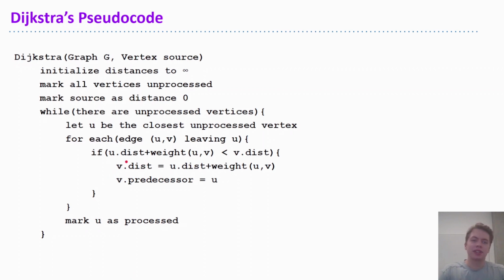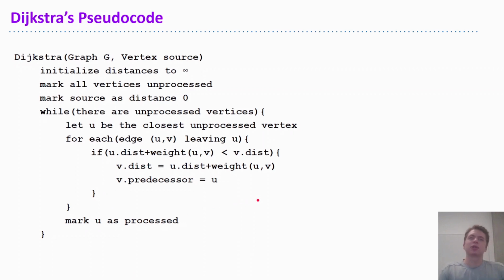So if its current distance, v.dist, is greater than the distance of the current node we're at, plus the weight of the edge from the current node to its neighbor node, then in this case, where this new distance is less than the original distance, we're going to set that original distance to this newly found shorter distance, and then change the predecessor of this node.